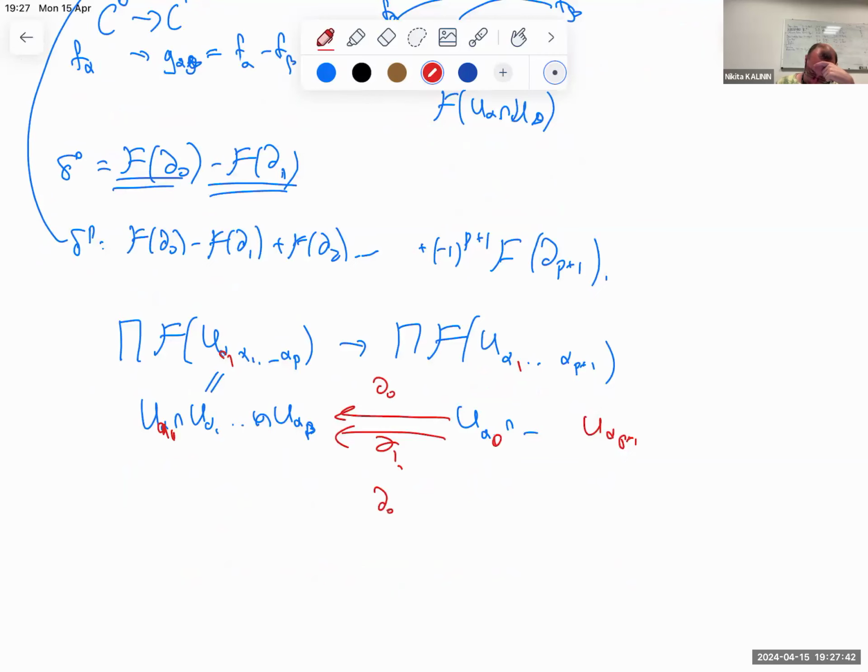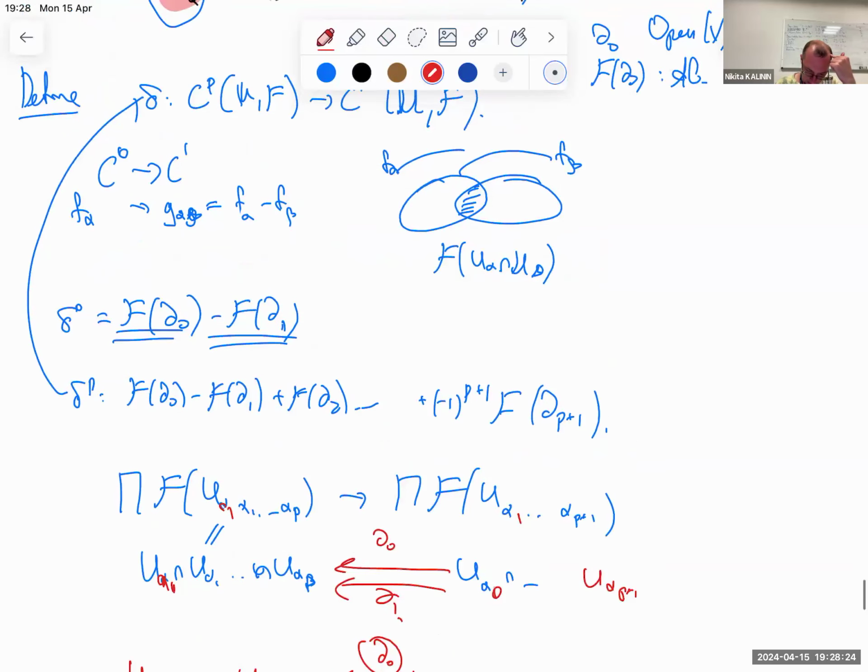I want to say that delta 0 is the map from the inclusion of u alpha 0 and so on, u alpha p plus 1, alpha p, since we have p elements, to u alpha 1, u alpha p. So here we have p plus 1 elements, and here we have p elements. That's delta 0. So delta 1 is just forgetting the first element and so on.